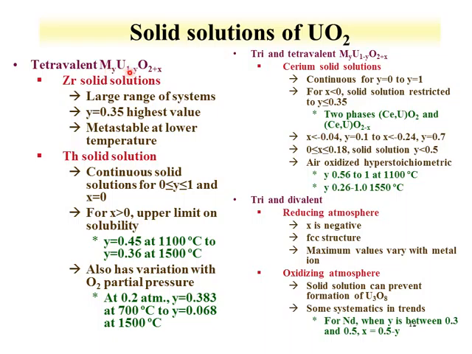If we went to conditions where we added more so that this value was larger, we'd get two phases forming: one that would be the separate phase of the compound, and one that would be this solid solution.